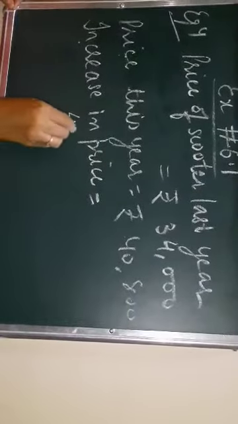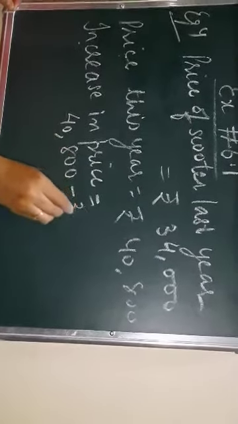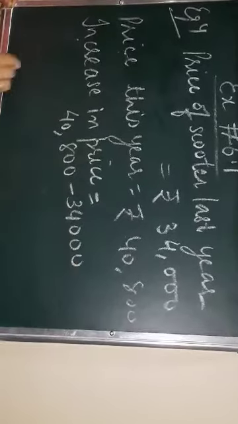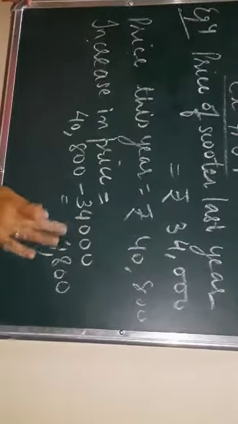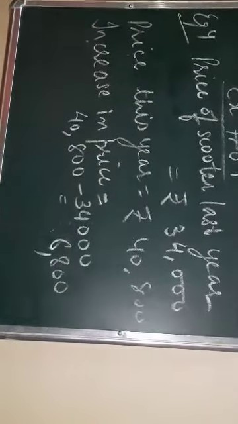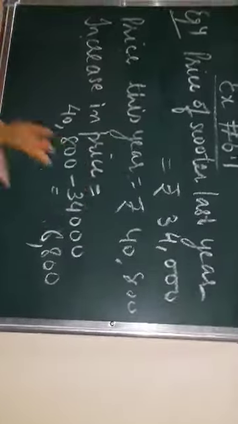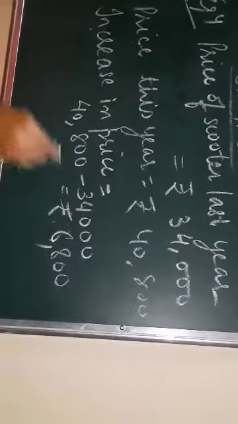For that we'll subtract both, 40,800 minus 34,000. It will be 6,800 rupees, which is the increase in price.